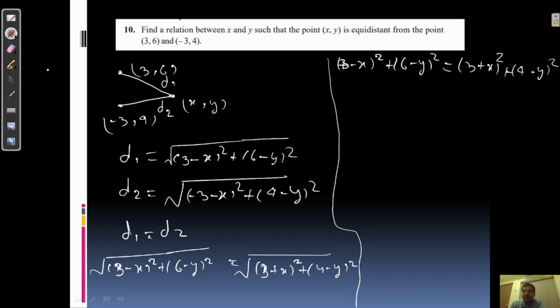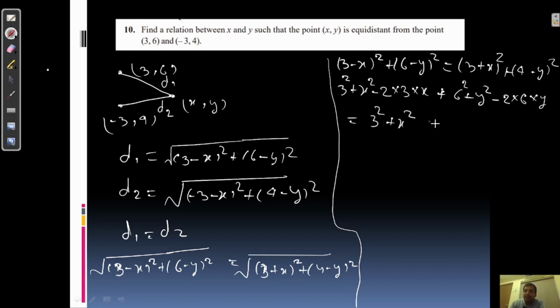Now let us solve it. (a minus b) whole square is a square plus b square minus 2ab. Okay, plus (a minus b) whole square, a square plus b square minus 2ab is equal to, now solve the right hand side, a square plus b square plus 2ab.